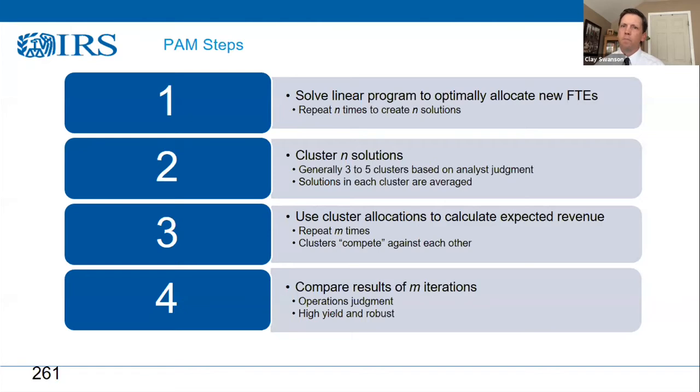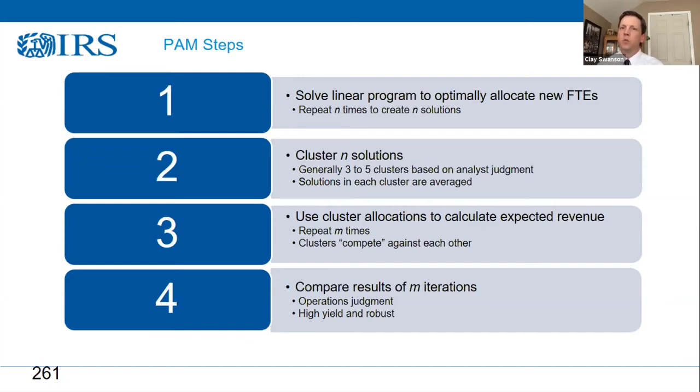And so we run the program repeatedly with slightly different model inputs each time, and we end up with many different solutions. For example, we may run it 1,000 times and get 1,000 different solutions, each under slightly different conditions. We don't actually want to evaluate 1,000 different solutions.